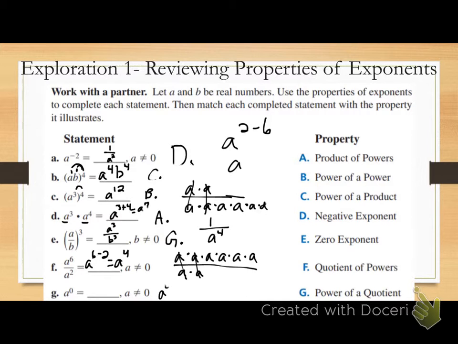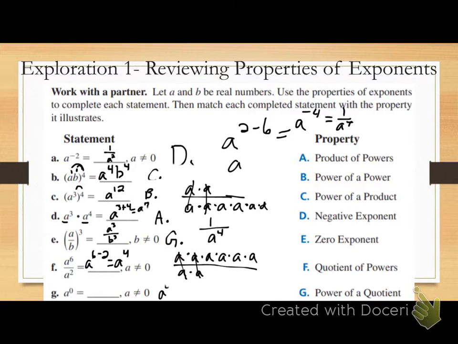We always do top exponent minus bottom exponent. What's 2 minus 6? Negative 4. Then how do I handle a negative exponent? Change its position in the fraction. So that's how that works out.